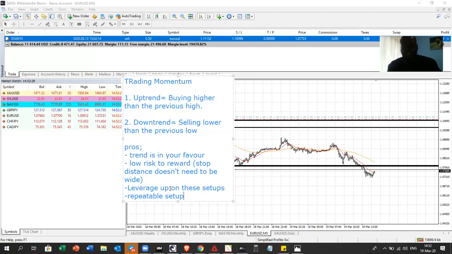Now we can get to the cons, right? There are pros and cons with everything, so let's not be ignorant. The cons is there could be weak momentum, and this has been calculated into the system, and weak momentum doesn't happen all the time.